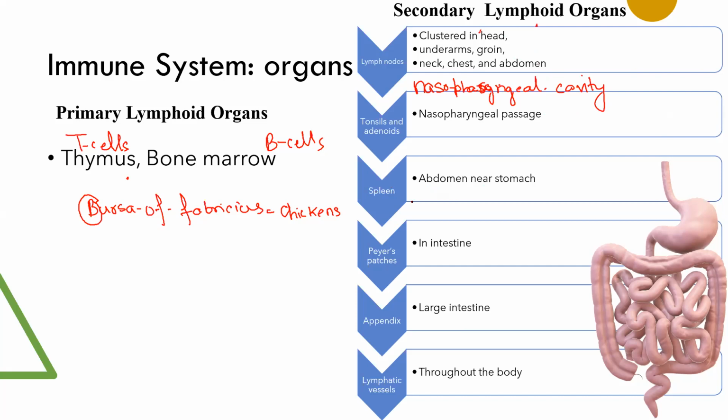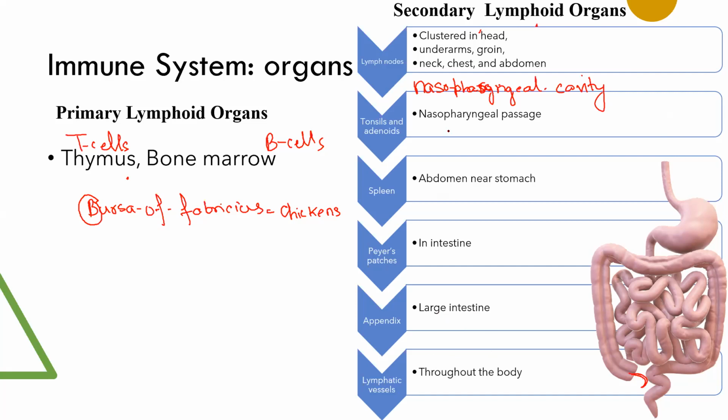Spleen is another secondary lymphoid organ. Peyer's patches are present in the intestine. We will be seeing the structure of Peyer's patches. Appendix, which is the extension of your large intestine, is present here. And the lymphatic vessels are present throughout the body.